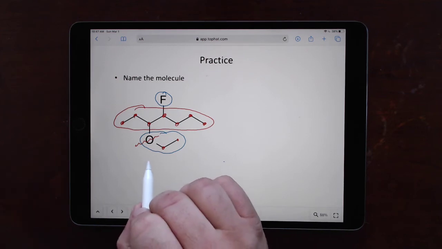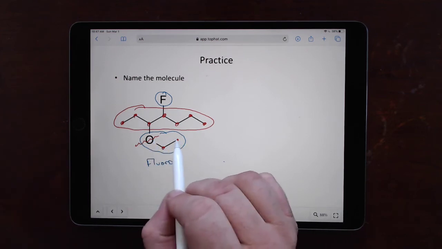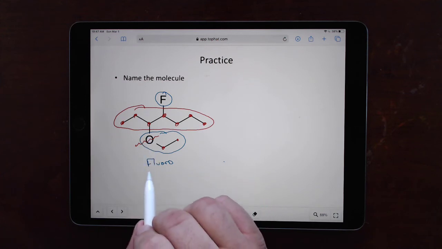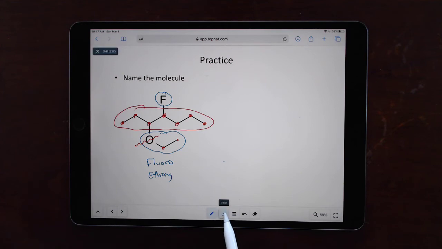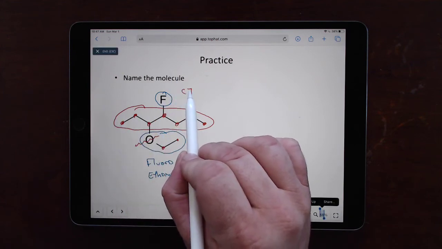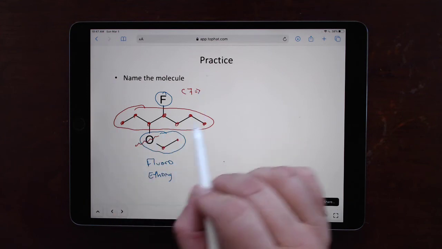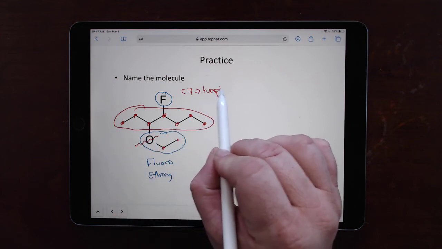So we've got a fluoro side chain, and then it's a 2 carbon side chain, but it's connecting through the oxygen, so it becomes ethoxy. Okay, the main chain is 7 long, so it's a normal alkane, so it's hexane, or excuse me, heptane.